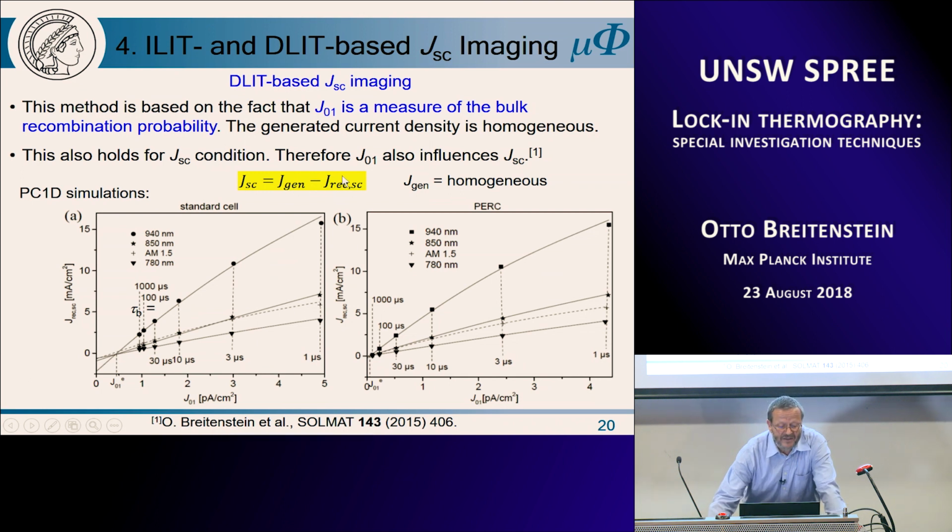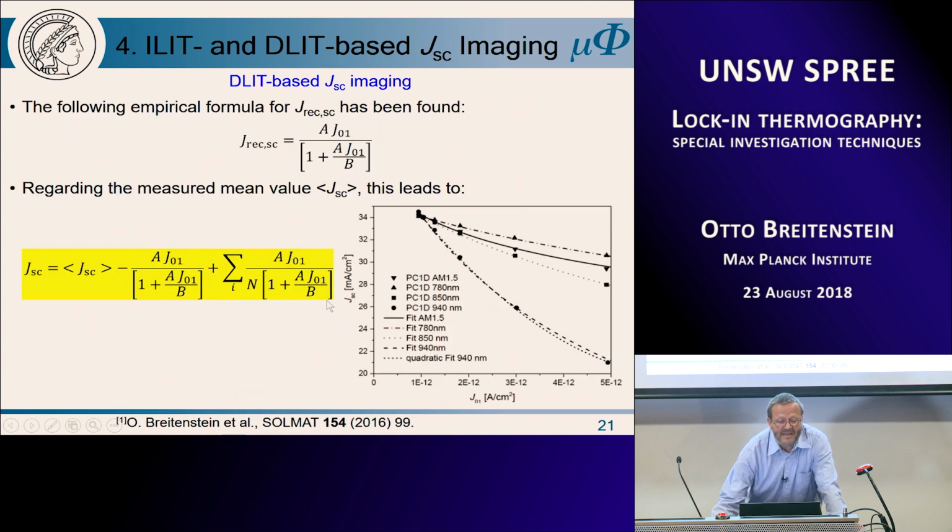Yeah? And here we have simulated by PC1D these generation losses for two cases. That's for a standard cell, that's for a PERC cell. And here the parameter is the illumination wavelength. Of course, this depends on the wavelength. And also for AM 1.5, we have calculated this, and some curves come out. And we have found that these curves can be approximated by this simple formula, having two parameters A and B. Yeah?